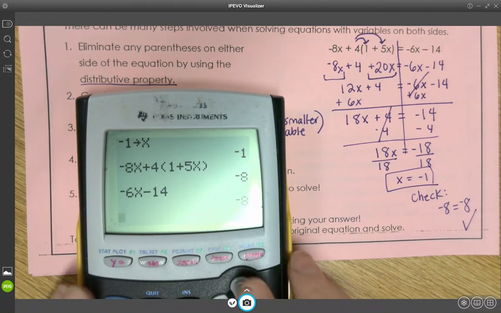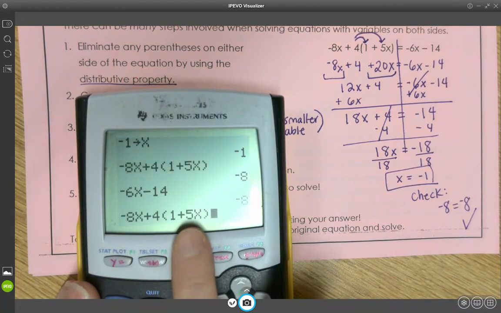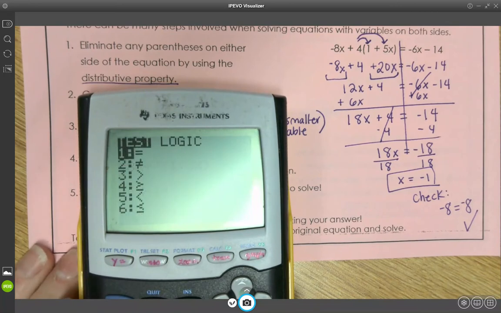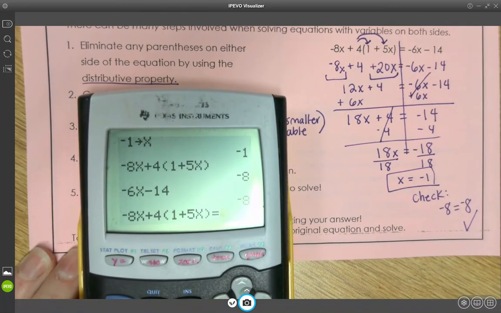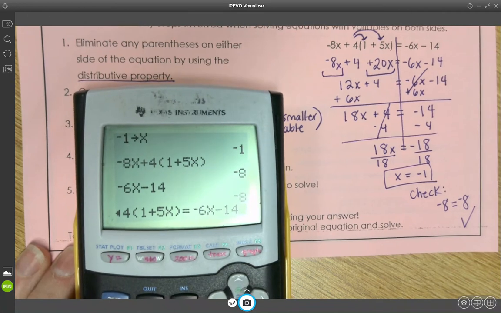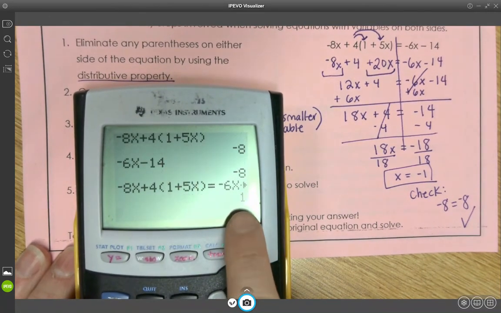Another thing that you can do, I don't know if your teachers have taught you this, is put that in and then go to second math, which is test. Put an equal sign in there and then put this in. Whenever you push enter, 1 means true, 0 means false.